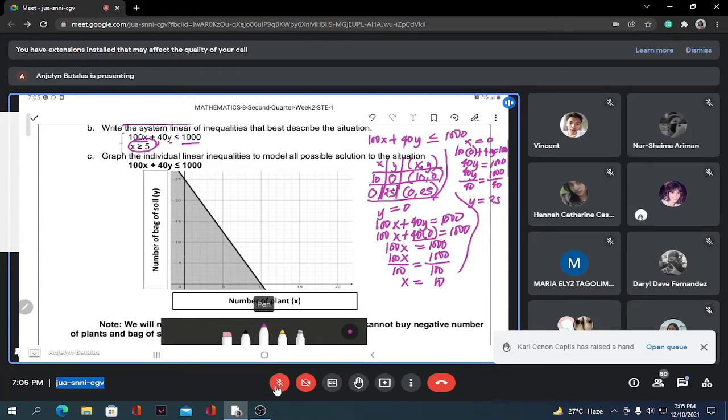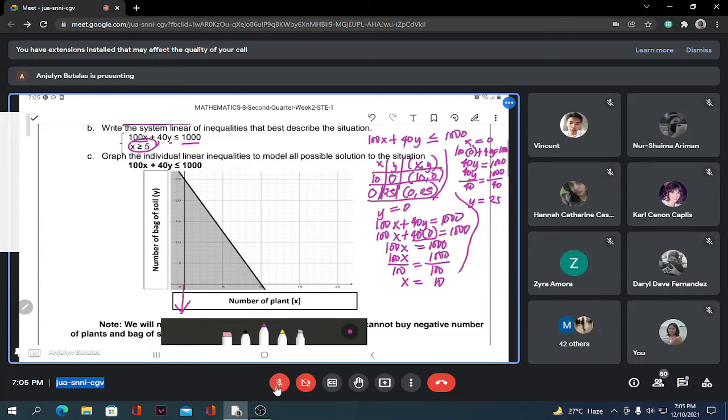I will continue. As you can see, we have (10, 0), which is a check. Next is (0, 25), which is also a check. Since it is less than or equal to, the boundary line is a solid line.